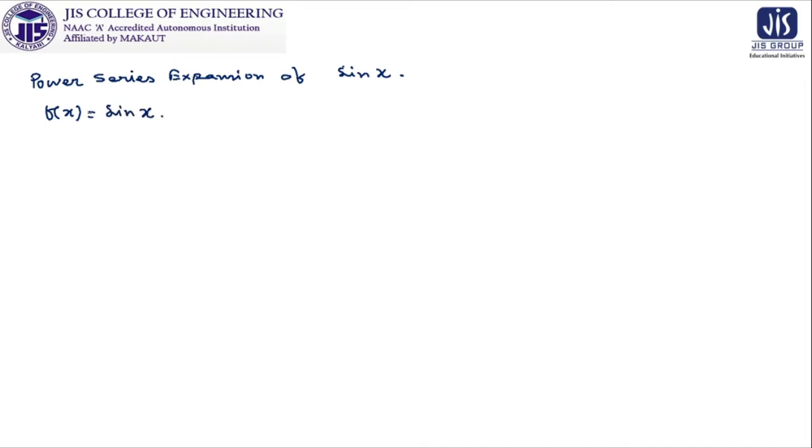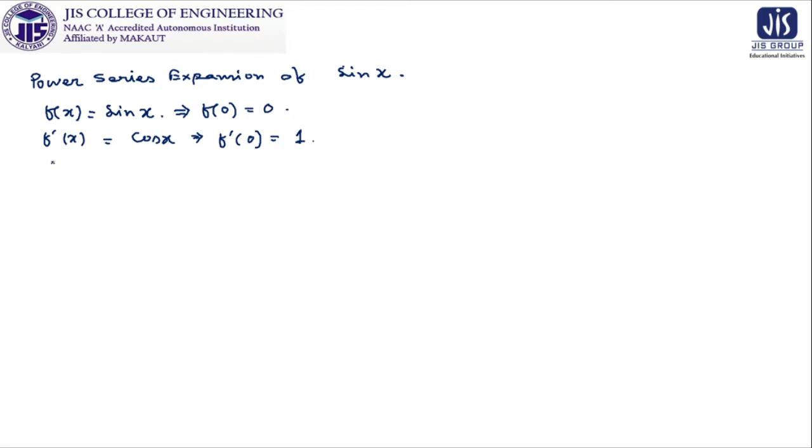The process we adopted for the exponential function, the same thing will be adopted over here. That is, f(x) is equal to sin x, it implies f(0) is equal to 0. Then f'(x) is equal to cos x, and from that we can conclude that f'(0) is equal to 1.